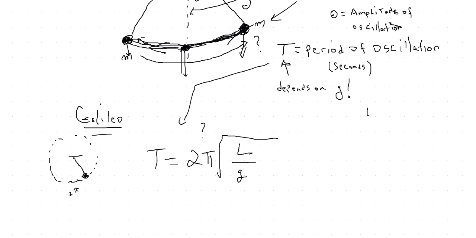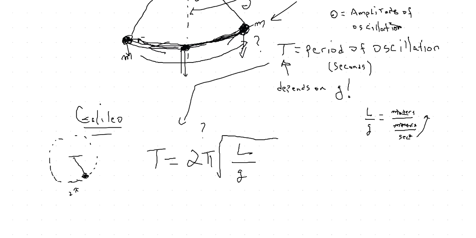Now let's look at L over G. Just let's look at the units for a second. Well, L we want in meters. Remember, G is meters per second squared. Now, meters goes out with meters, and the seconds squared comes up.